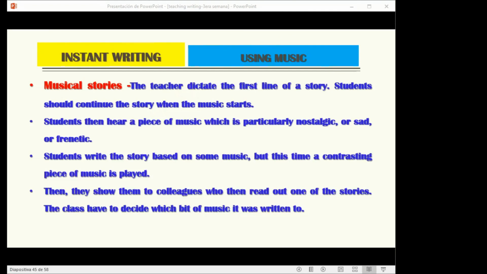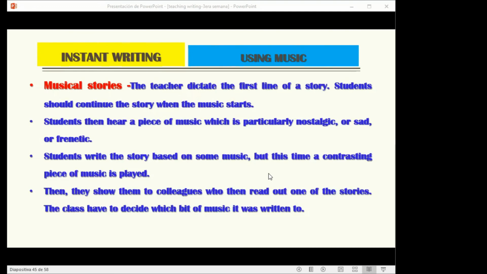So here you have different activities. Notice first we talked about the mechanics of writing related to handwriting, spelling, punctuation, sentences, paragraphs, and we saw different activities that you can practice for this. And then we moved to the habit of writing, and we are talking about these two aspects, the instant writing and the collaborative writing.